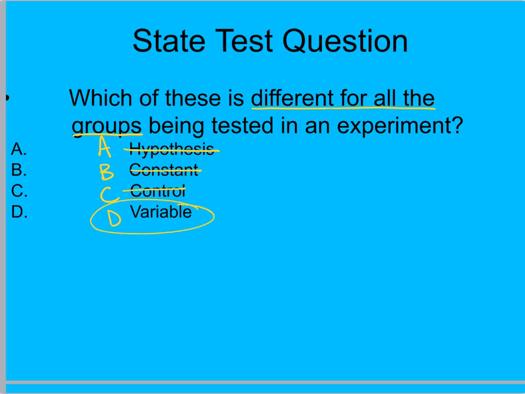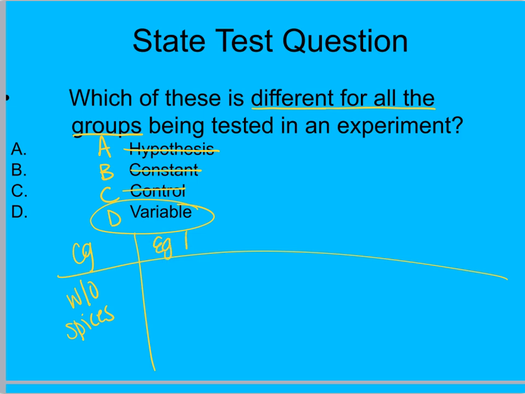Let me give you a scenario. Back to the lasagna, okay? So I could make 5 pans, and we'll do different groups. So the first group we'll say is our control group. So that's my 5 pans without spices. Experimental group 1, we're going to add oregano. Experimental group 2, let's say with basil.